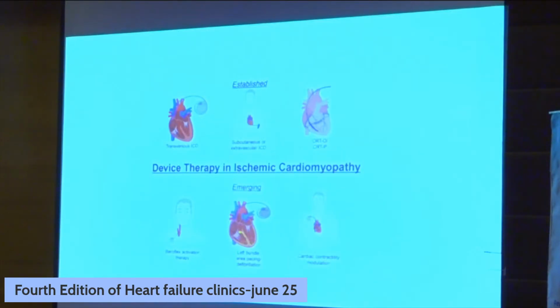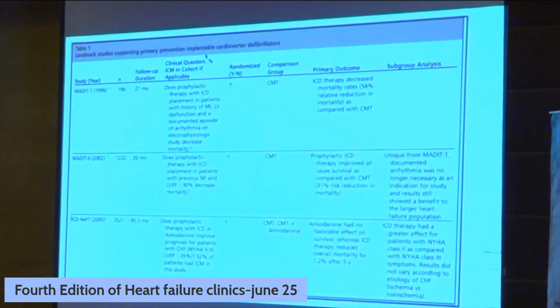And there are a lot of studies which have been done in this setting. One is with primary prevention, MADIT, MADIT-II, and SCD-HeFT, which have shown that an EF less than 35% has an improvement when you put in ICD therapy. But this is mostly useful when the patient is class 2.